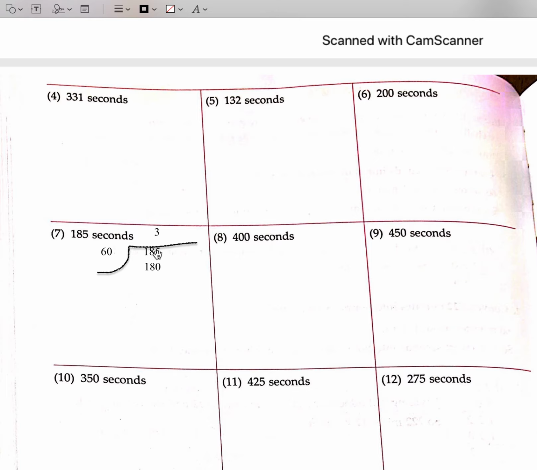When we subtract 180 from 185, we get 5. So therefore the answer is 3 minutes and 5 seconds. 3 minutes and 5 seconds.